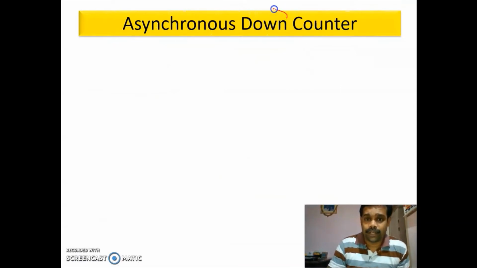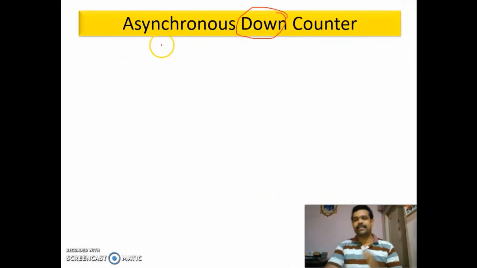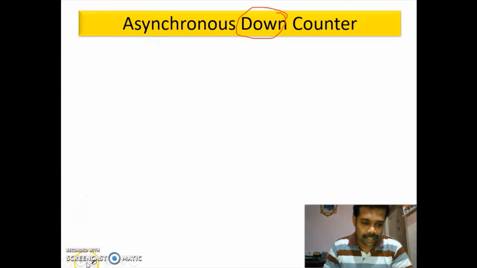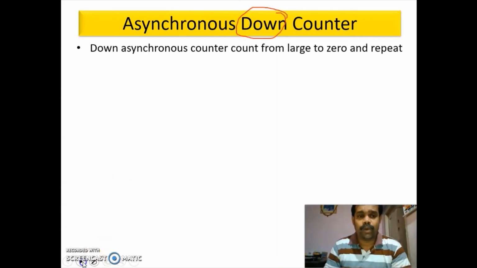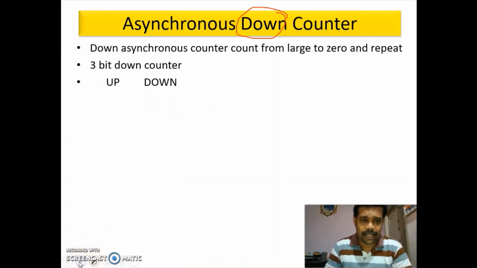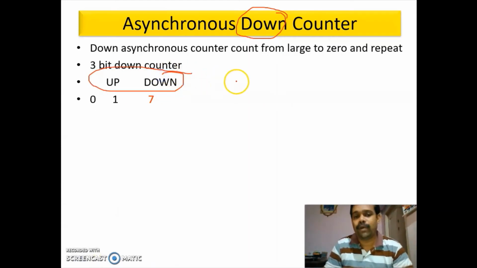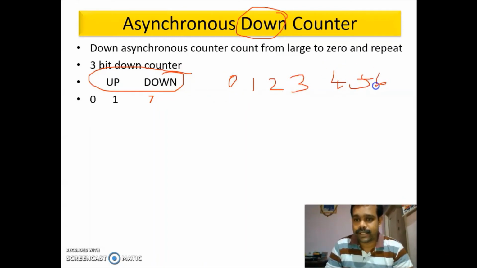Okay, now we are going for the asynchronous down counter. So there are two types of classification of counters. The first classification is asynchronous counter and synchronous counter, and the next classification is up counter and down counter. An up counter will count the sequence 0, 1, 2, 3, 4, 5, 6, 7.